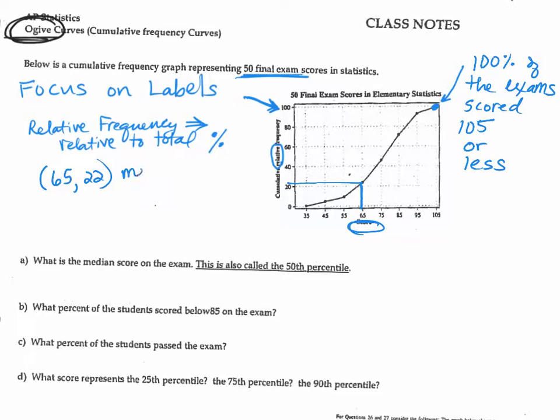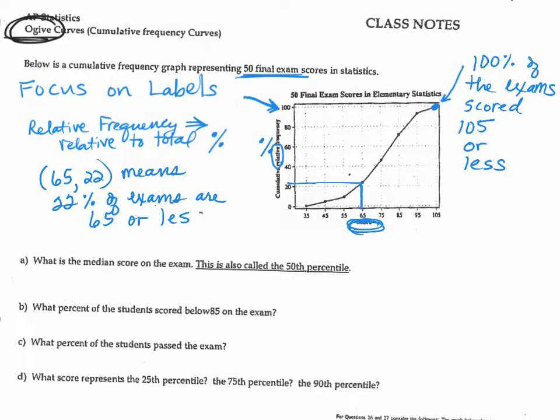So this point means, all right, what do you think? 22%. Good. The y-axis is percent, and the x-axis are the scores. So that means 22% of students, or of exams, are what? 65 or less. Very good.